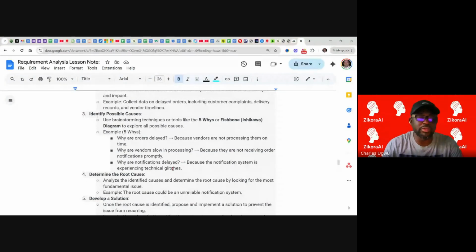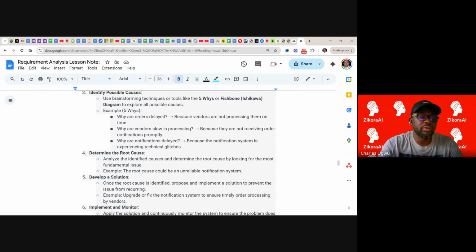The notification is where, when somebody places an order, boom, the notification goes out. So all you need to do is find out where there are technical glitches and sort them out, and you clear the process.